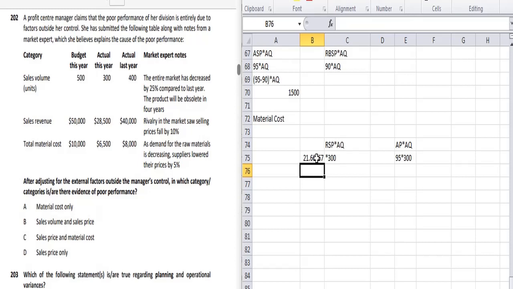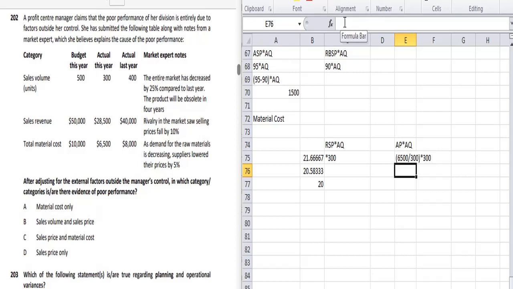The supplier has lowered their price by 5%, means 95% of this. Oh, it's my fault. I took the selling price of the sales value, so that will not be the case. Here we need to calculate: our actual material cost is 6500, and for what units? For 300 units. So this will be our actual price of the materials.